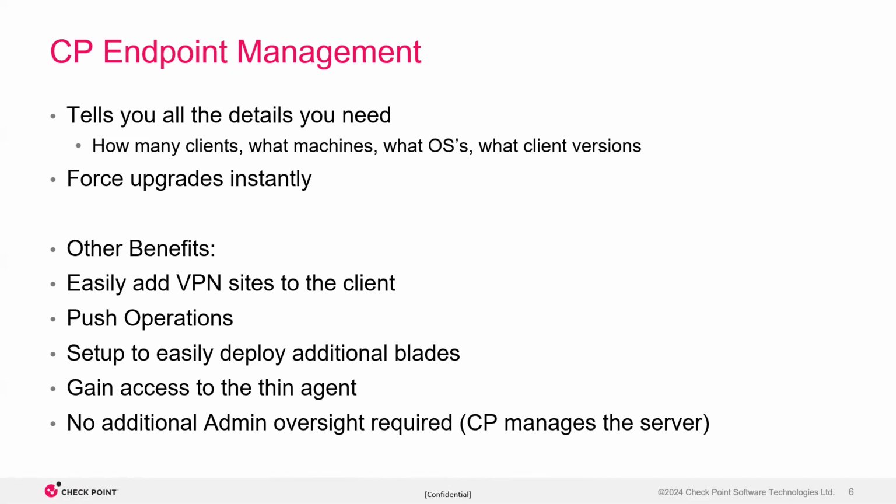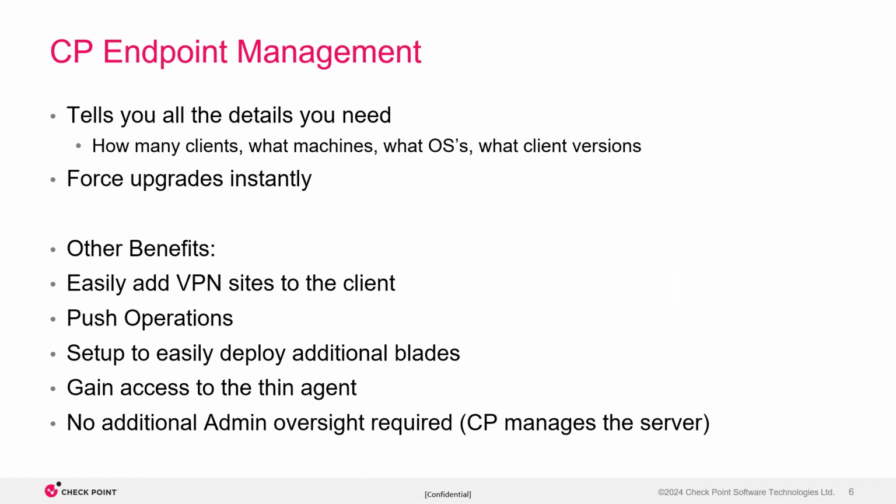Push operations: we've seen push operations at least a little in some of our TechBytes. Push operations give you the ability to make the client force the endpoint to do a variety of tasks, many of which are system level. And in a way, it gives you a little bit of that third party management feel that we were talking about earlier, where it can do some things that those can do.